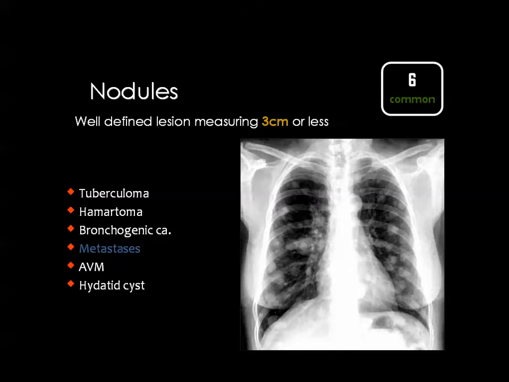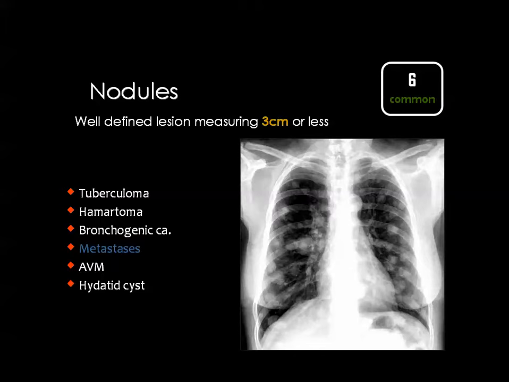And you can ask yourself the questions I will ask you during this talk and try to reach the facts during your clinical practice. The common nodules, which are well-defined lesions less than 3 cm in diameter, include the tuberculoma, the hamartoma, the bronchogenic carcinoma, metastasis, arteriovenous malformation, and the hydatid cyst.